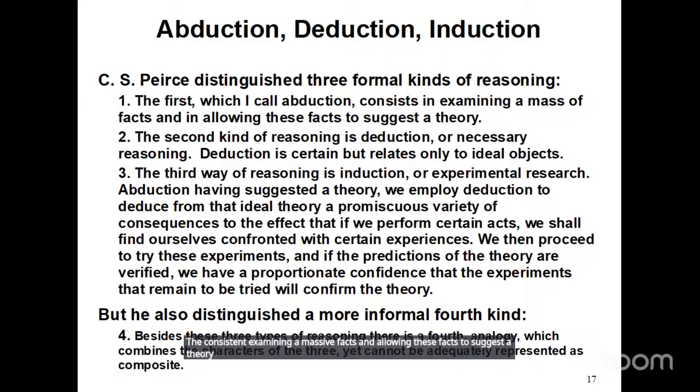And then the second kind is deduction or necessary reasoning. And he made the point that deduction is certain, but only for ideal objects, for these abstractions. So deduction is performed on these abstractions that are many levels removed from what we actually experience. And then the third way of reasoning is induction or experimental research.